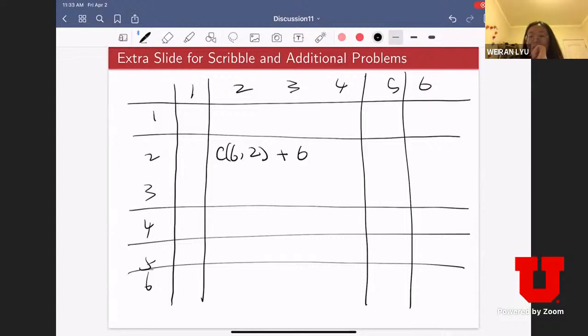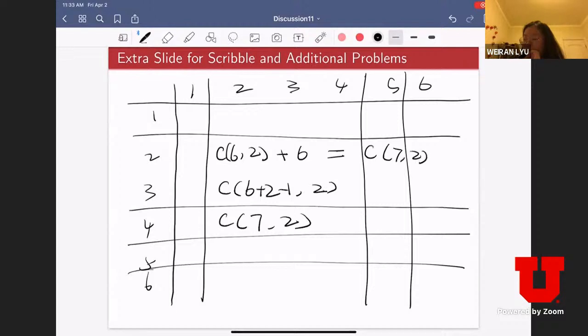Let me calculate this one. That's 7 choose 2, which actually equals 6 choose 2 plus 6, and that gives you 21. I just put that in the calculator.